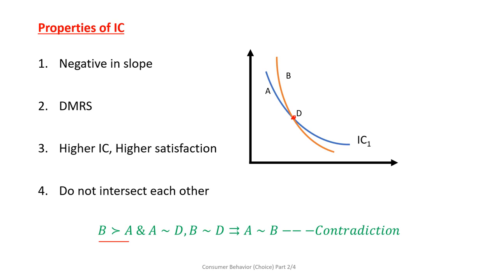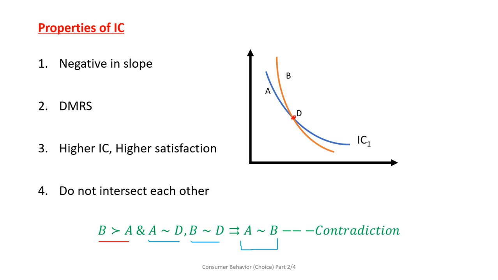Now compare bundle B with bundle D. Again, both bundles lie on same IC, so the consumer must be indifferent between these two. And by transitivity, we can conclude that the consumer must be indifferent between A and B. However, we already concluded that bundle B is preferred to bundle A. Therefore, this intersection led to a contradiction.